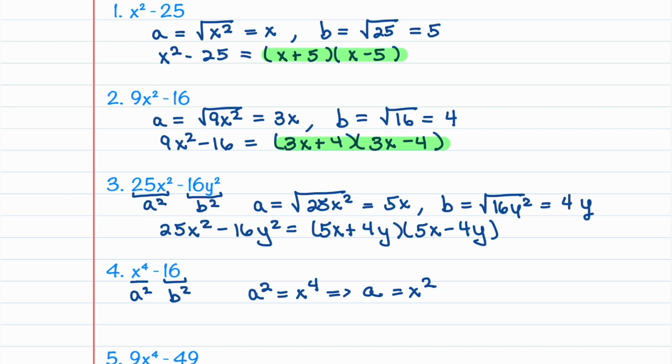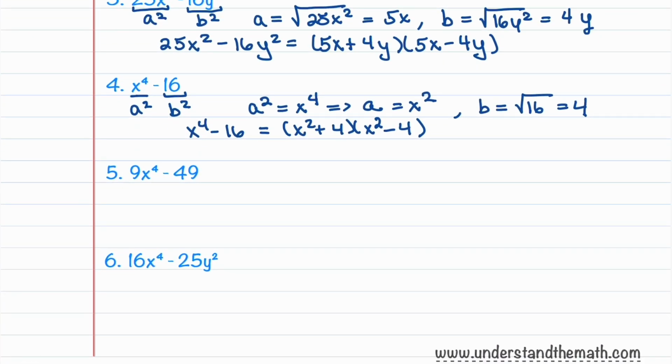We just take the square root of both sides. And then b is going to be the square root of 16, which is equal to 4. We then have x to the fourth minus 16 is equal to a plus b, so that's x squared plus 4, and then a minus b, which is x squared minus 4.